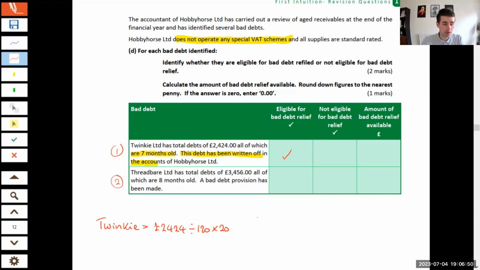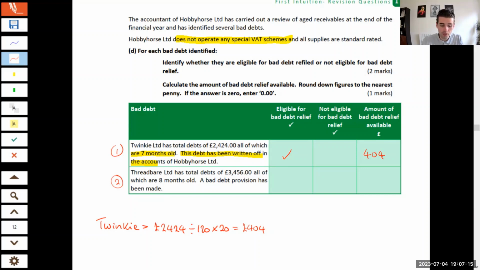Again, different ways you can do it. If you calculate it your own way, that is absolutely fine. But either way, providing you've done it correctly, it comes to the total £404. The amount of bad debt relief available, 404 Great British pounds.